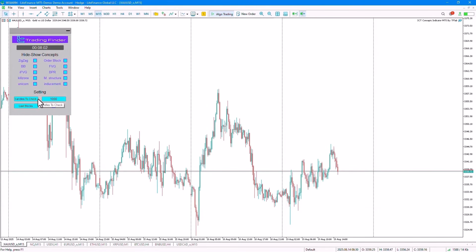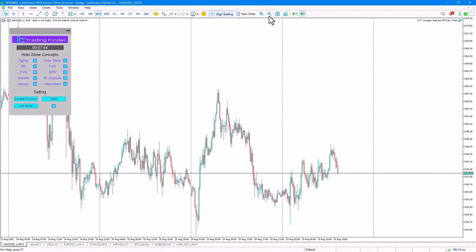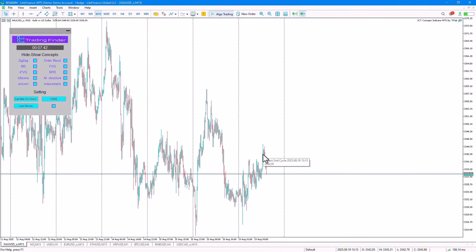In the last two sections, in the settings part, we see that there are two options, candles to check and last blocks. In the first box, you can set the maximum number of candles to be used for identifying and analyzing the chart, which is set to 1000 by default.